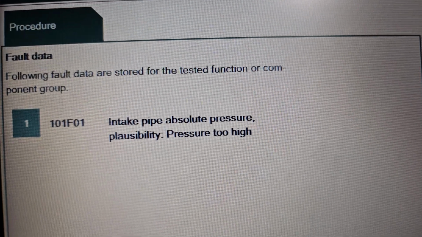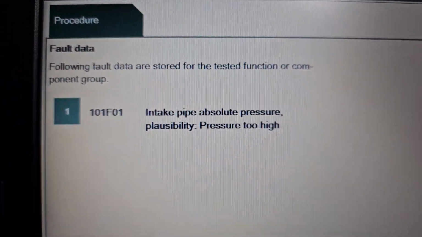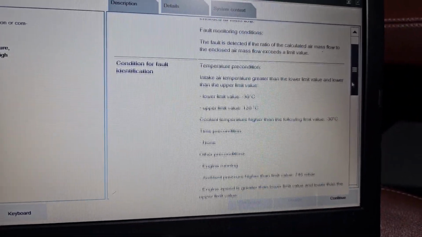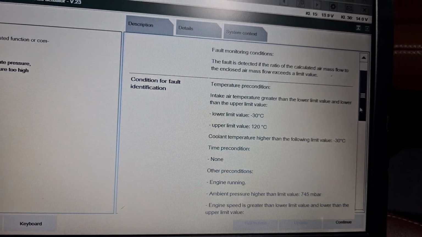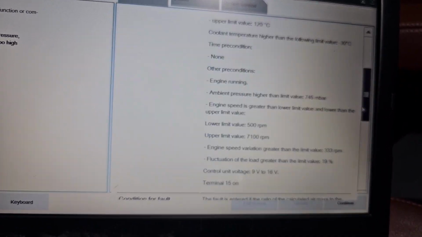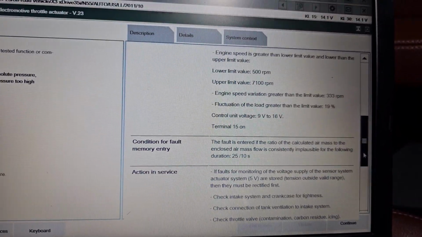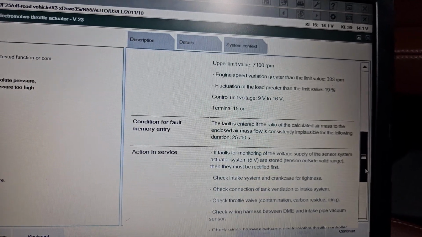Okay, this is the quote here. Intake pipe. So we want to know what measurement. Condition fault, temperature condition, intake air temperature greater than upper, lower. So what is causing it? Fault is entered, ratio issue.